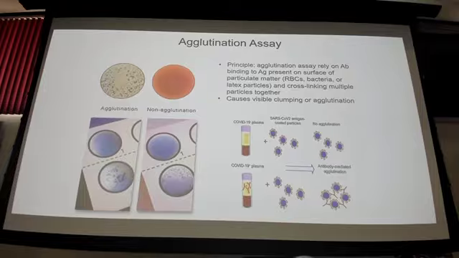Agglutination tests. The principle here, at least in this example, is you are determining whether or not a patient has antibodies. So your commercially available reagent you're using is what? Oh, antigen. Antigen, exactly. Yeah.